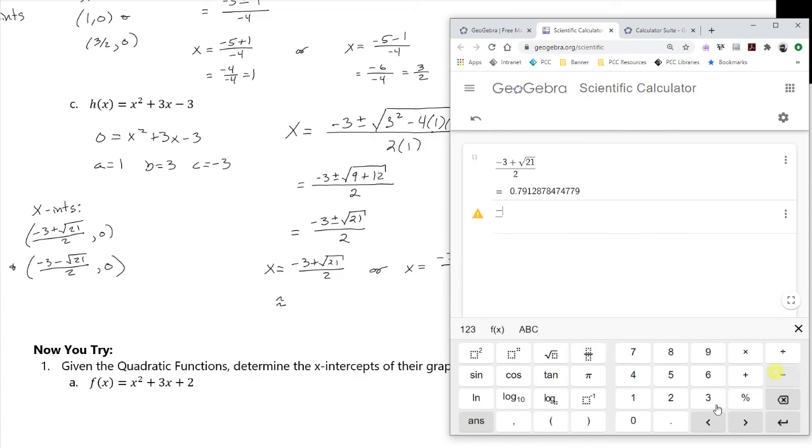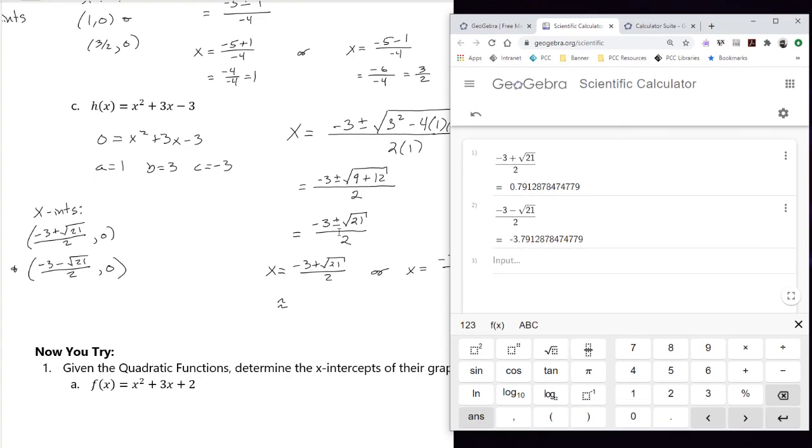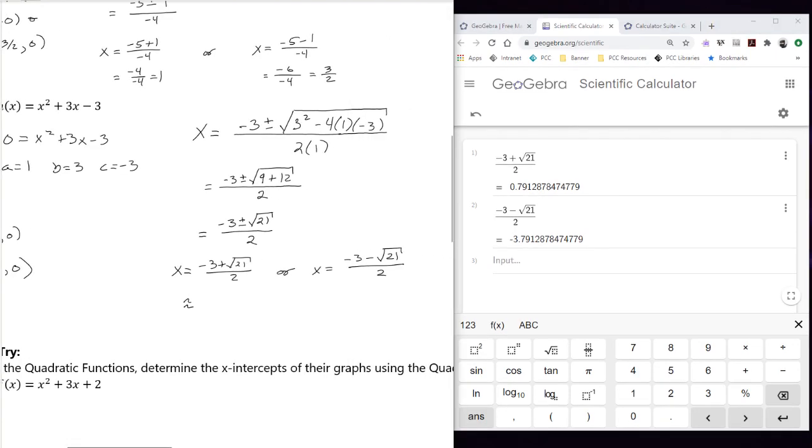Fraction negative 3 minus the square root of 21 all over 2 gives us negative 3.79128878, etc. Let's get these written down here. So the first one, negative 3 plus the square root of 21 all over 2 approximates to 0.79, and the second one approximates to negative 3.79, and we'll just leave it like that.